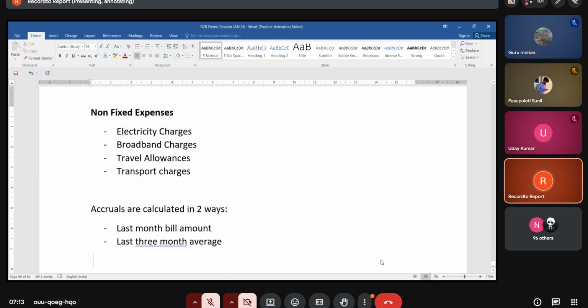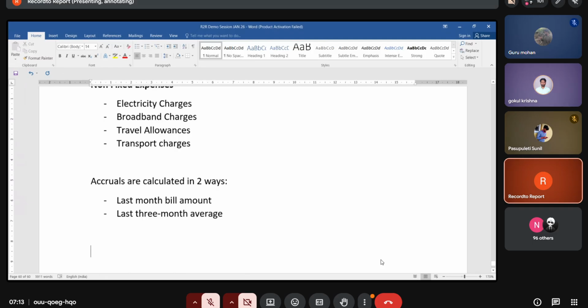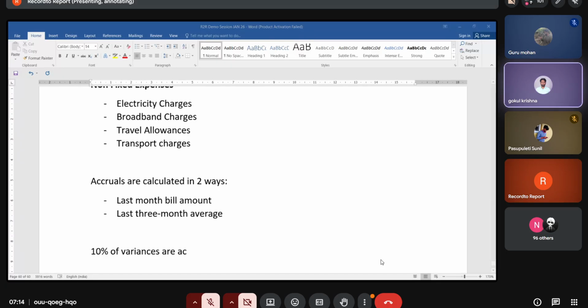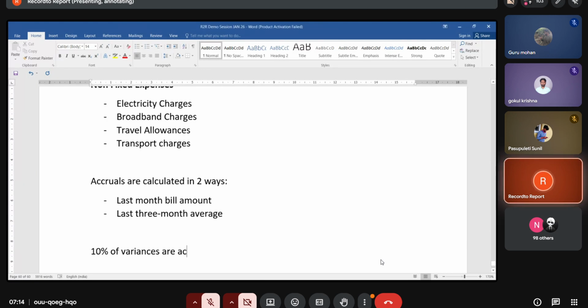See, guys, as per the accrual concept, 10% of variance is accepted. So between what we accrued and what we posted, 10% of variance is accepted.